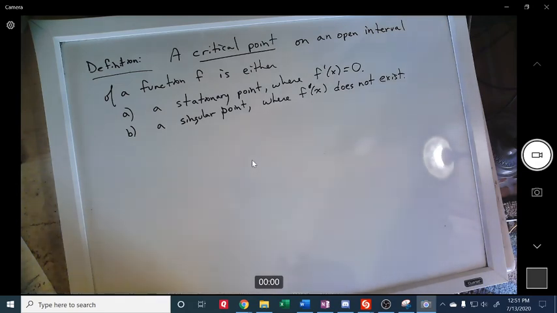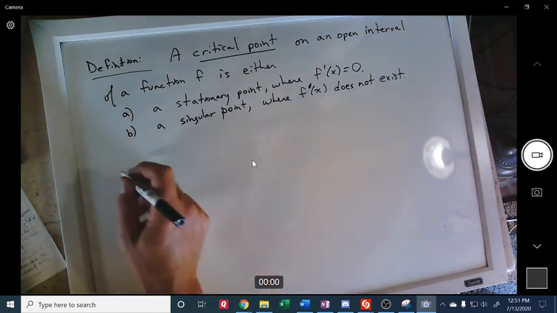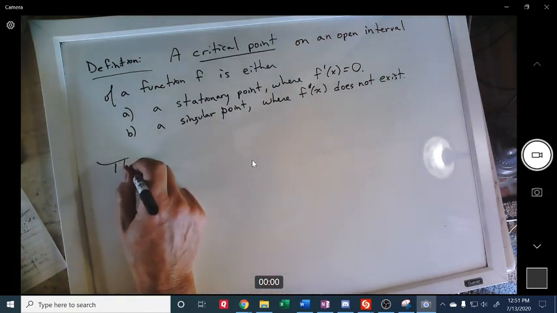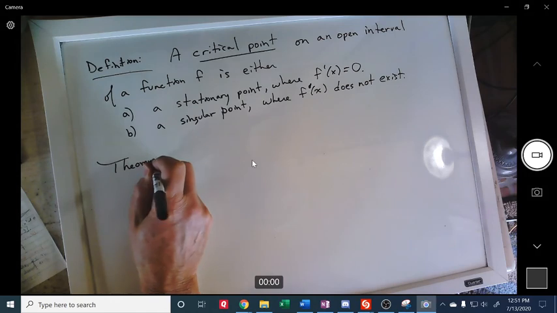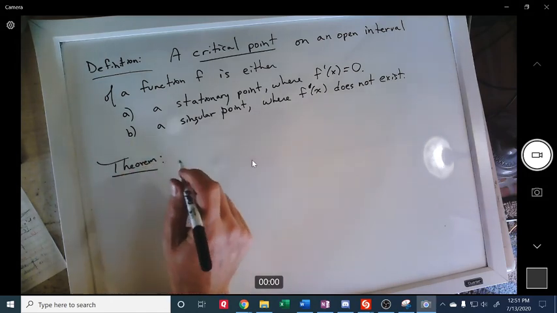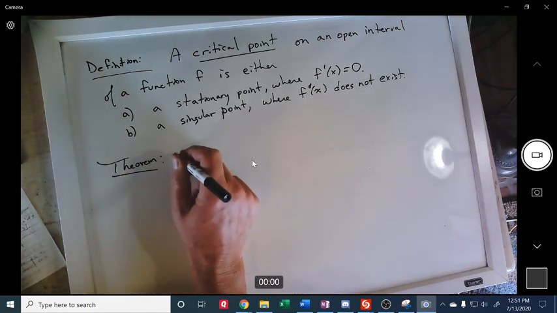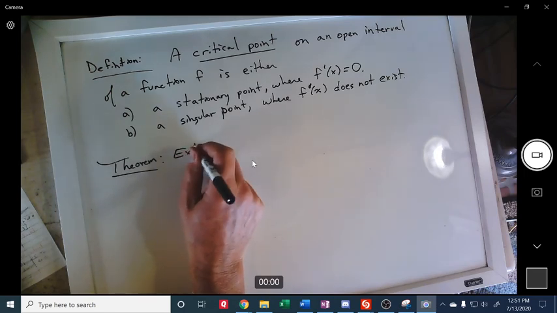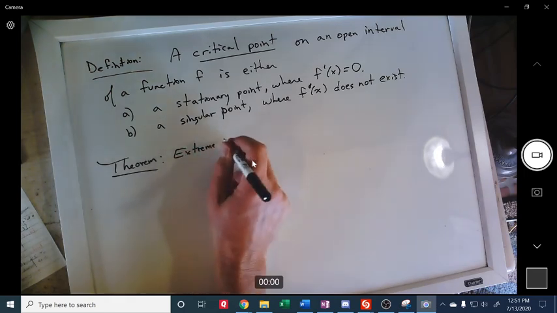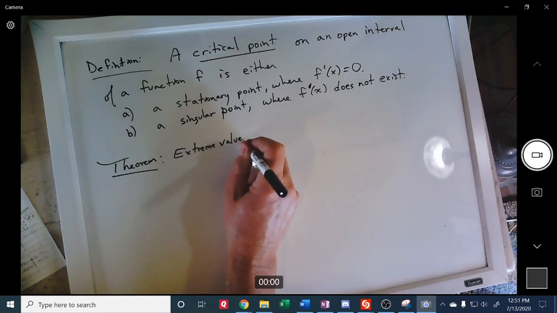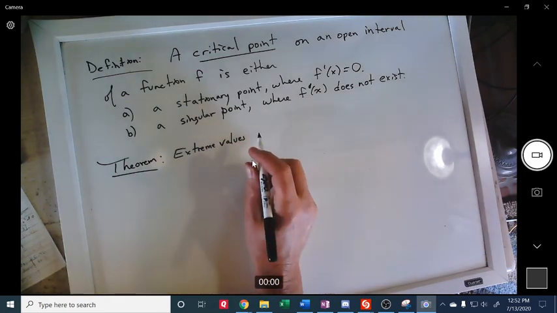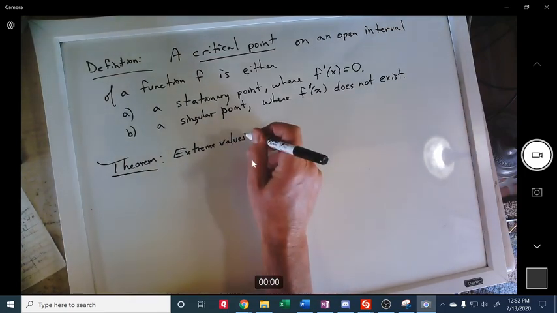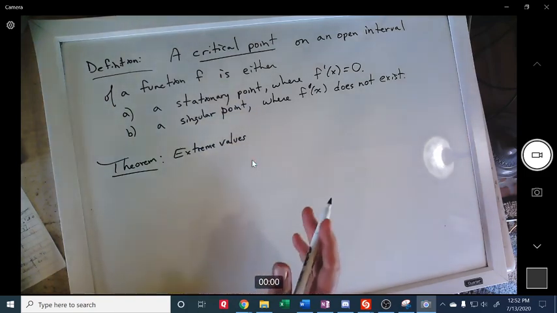All right. So then we have a theorem. Extreme values, now, extreme values are either local or absolute maxes or minimums.